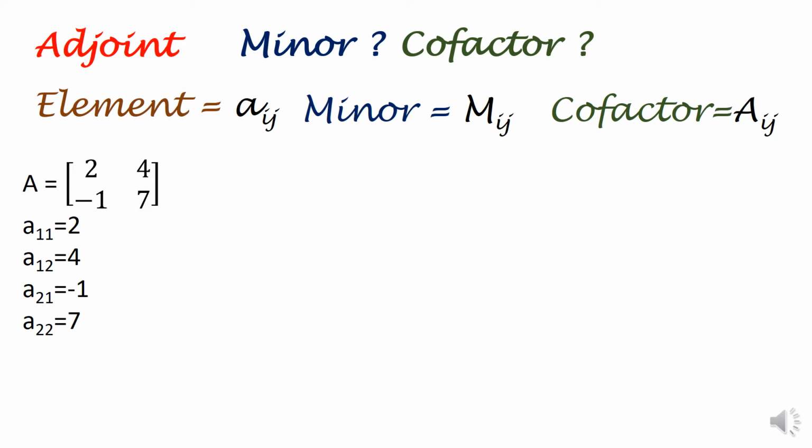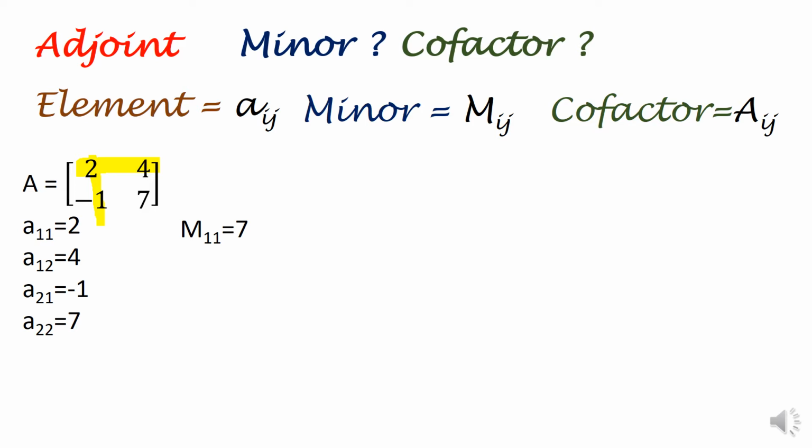Now to find the minor of all the elements, what we do first is that we ignore the first row and first column. What do we get remaining? We get 7. Now the determinant of any number is the number itself, so the determinant of 7 is 7. Thus, the minor of the first row, first column, that is M11, is equal to 7.